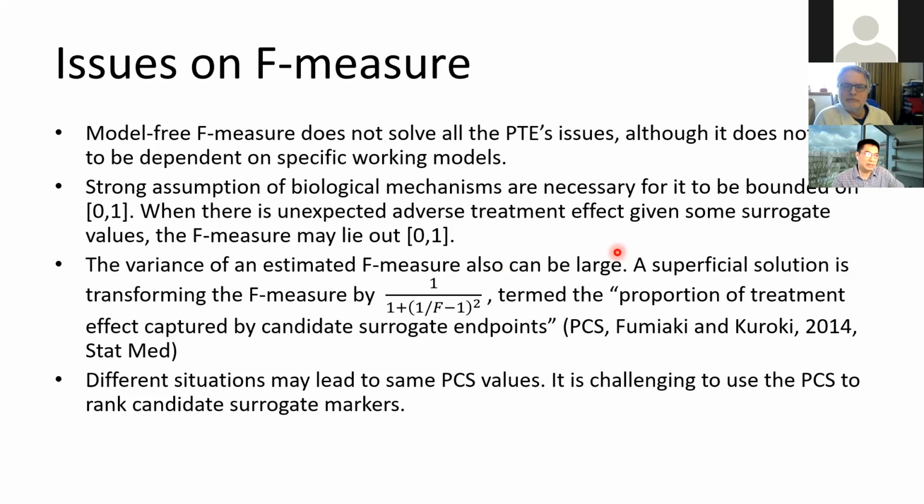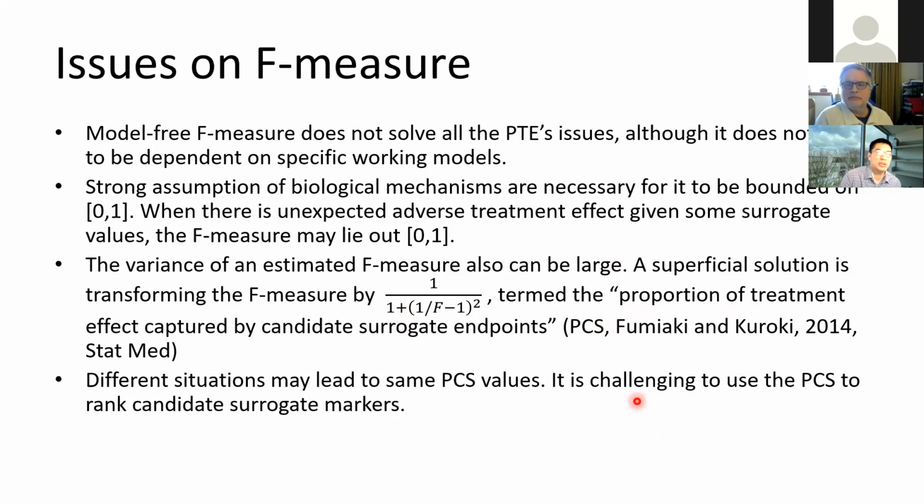A superficial solution is transforming the F measure by this transformation, 1 over 1 plus 1 over F minus 1 squared, and there's actually a special term for that. It's called the PCS. It stands for proportion of treatment effect captured by candidate surrogate marker endpoints, coined by Fumiyaki and Kuruki in a 2014 Statistics in Medicine paper.